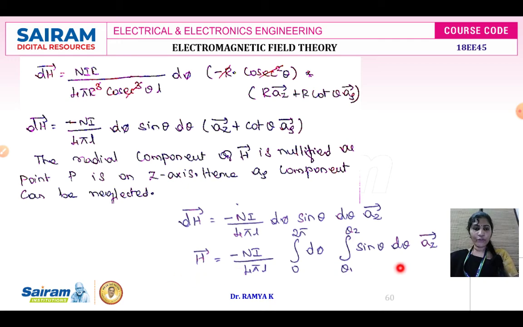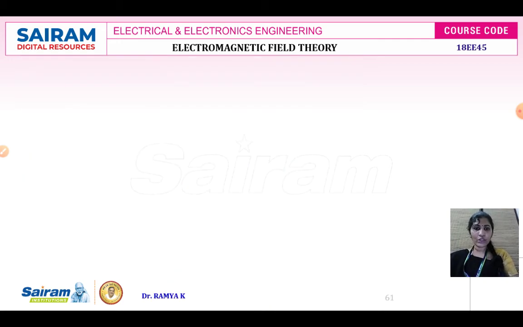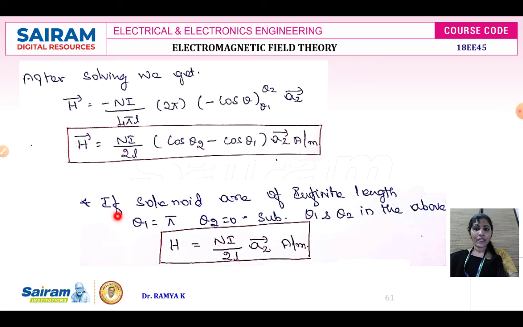Therefore, the value of magnetic field intensity after the solution is going to be NI by 2L (cos theta 2 minus cos theta 1). If you are considering theta 1 to be pi and theta 2 to be 0, then you will be getting H is equal to NI divided by 2L. This particular formula is going to be applicable only if the solenoid is going to have an infinite length of your conductor.